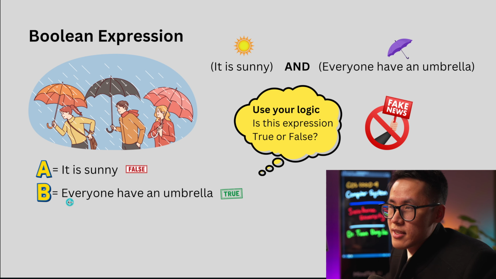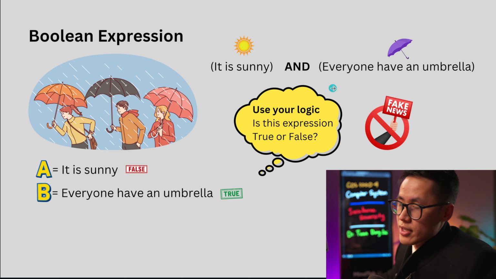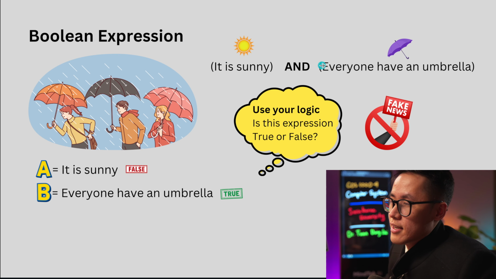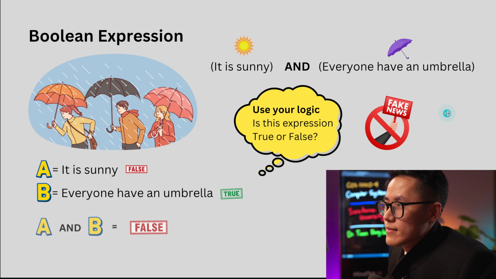And you can see the value of b is true because having a look at this image, everyone have an umbrella. Okay, if you don't know why this is false, then it's just common knowledge, common logic. So if someone tell you it is sunny and everyone have an umbrella, that's not true.